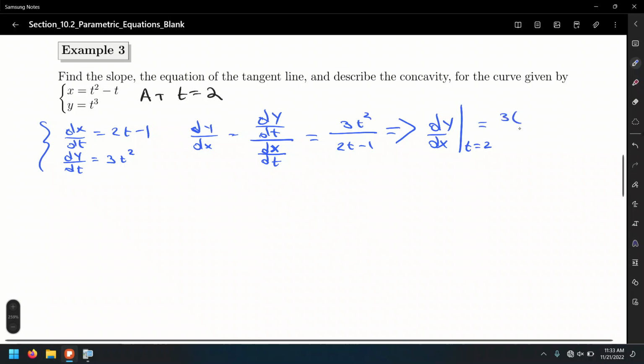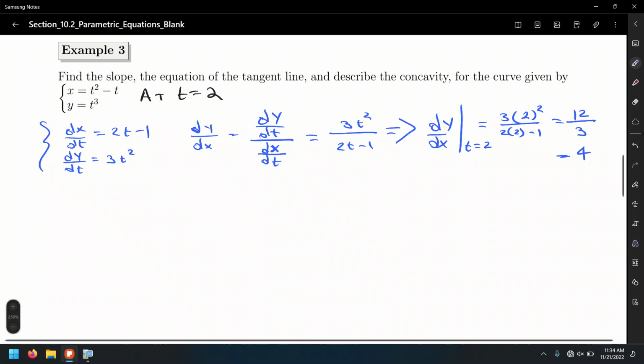So that's 3 times 2 squared divided by 2 times 2 minus 1. In the numerator, 2 squared is 4, times 3 equals 12, divided by 2 times 2, which is 4, minus 1, that equals 3. Simplifying, the slope equals 4.